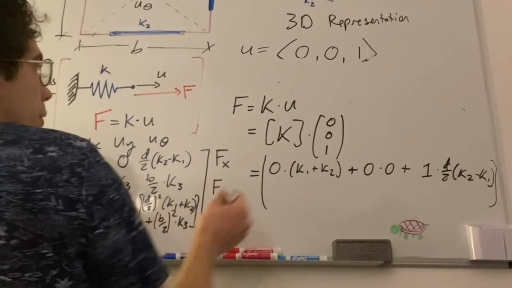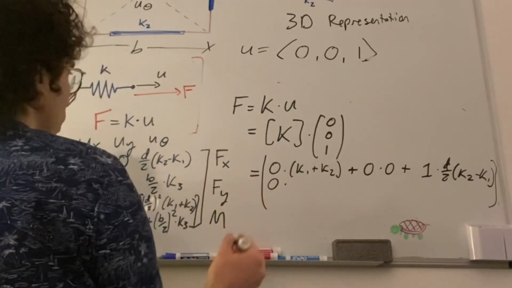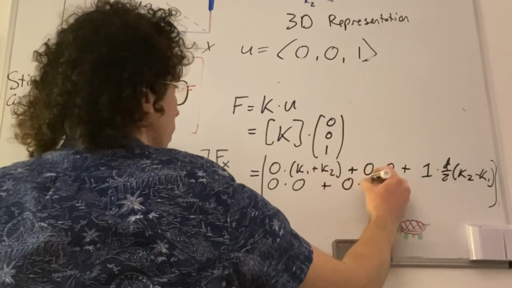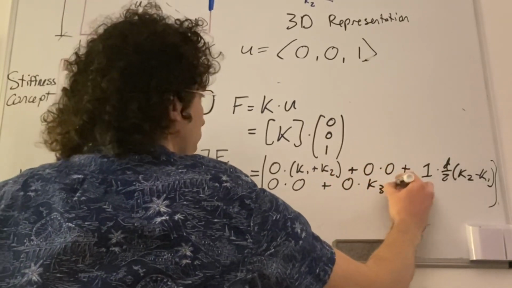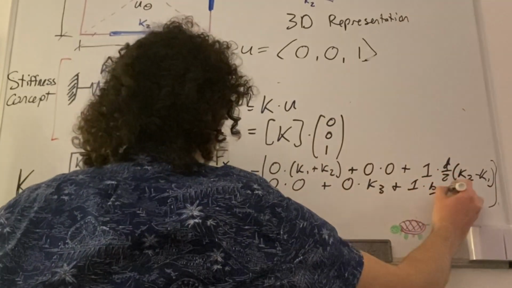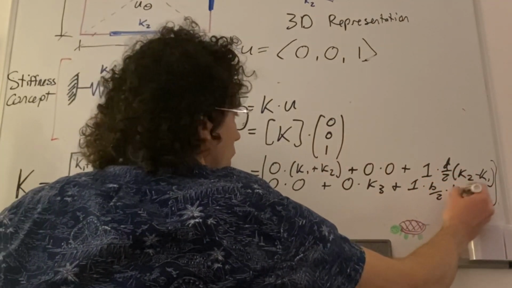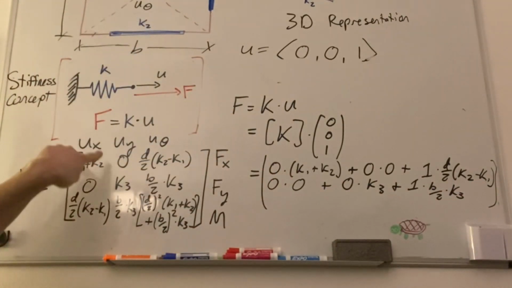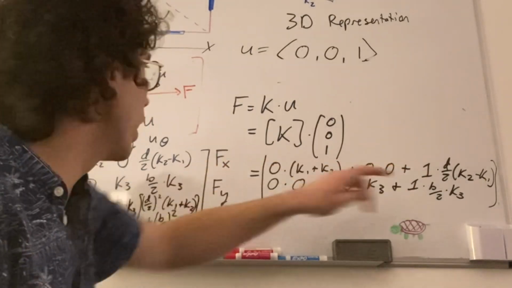And the second one would be 0 times 0 plus 0 times K3 plus 1 times B over 2 times K3. So if you notice, the pattern there is that it doesn't matter where in these two columns here. It's just going to come out to 1 times this column.